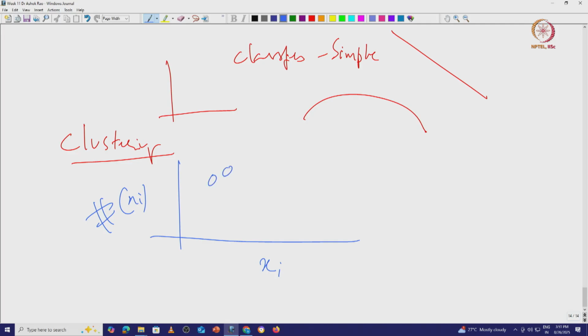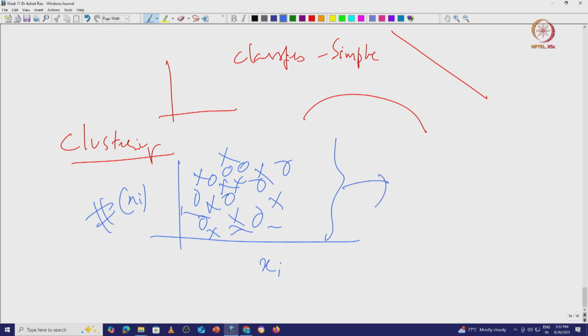Suppose I have data like this. There are no labels. So, I want to basically separate, I have no labels, what do I do? Okay. So, this is where the idea of clustering comes about.